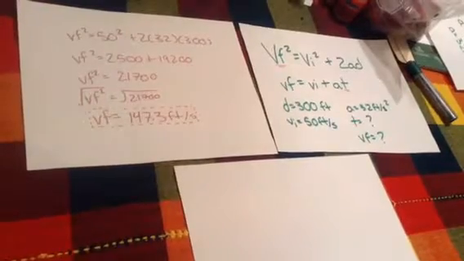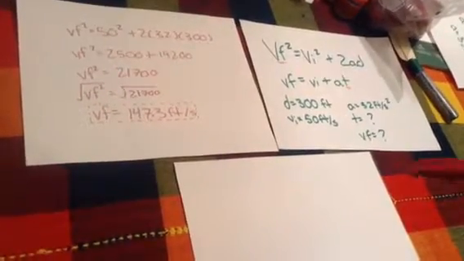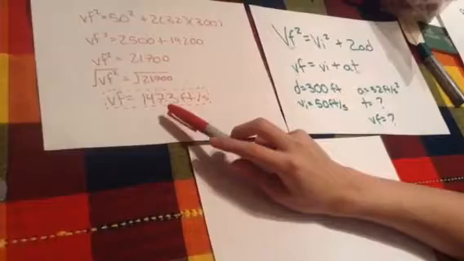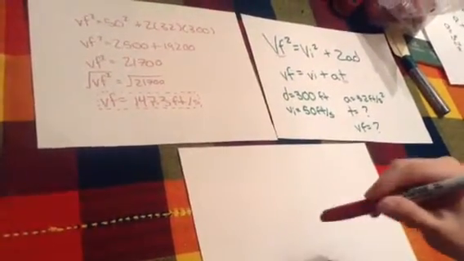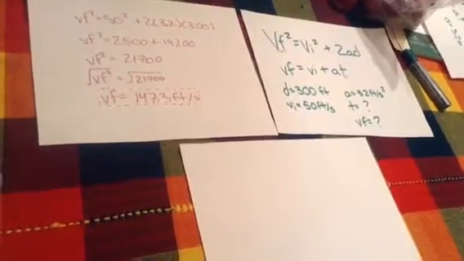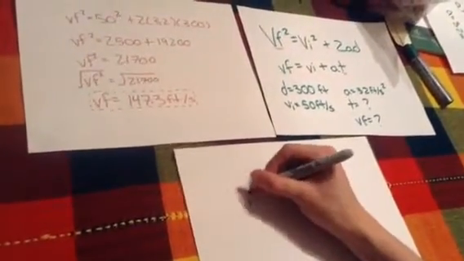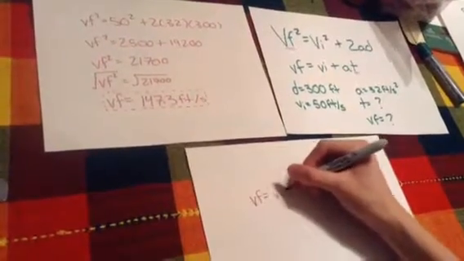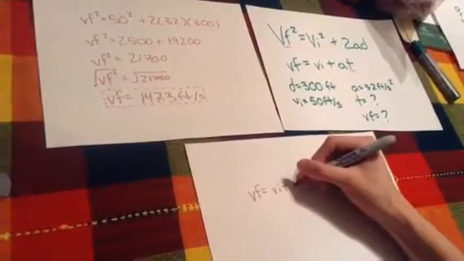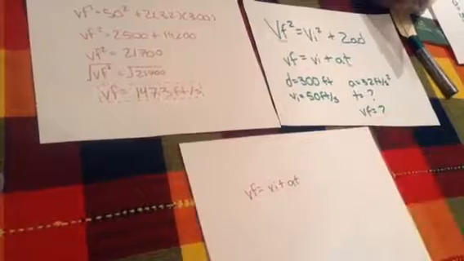So now, after using the first formula, we got our final velocity is 147.3 feet per second. So now we're going to use our final velocity to get our time, which was our first question. So we're going to use the formula final velocity equals initial velocity plus a times t.